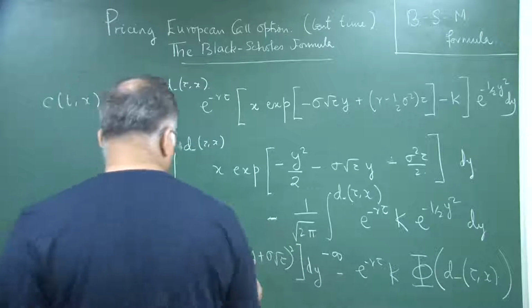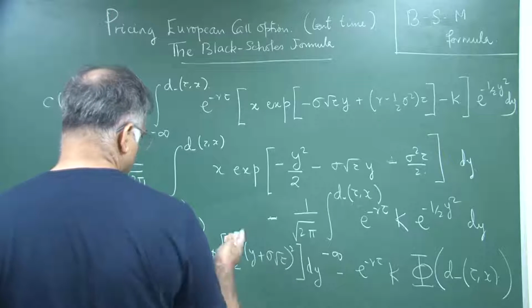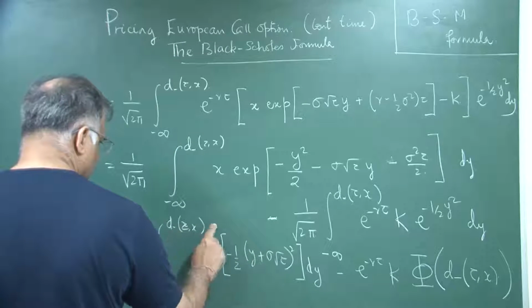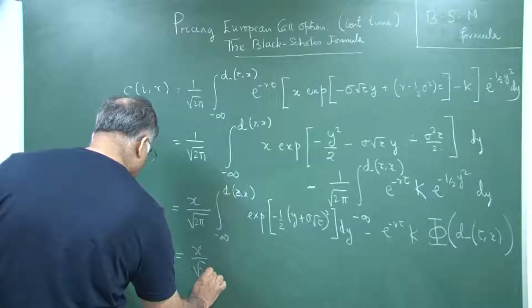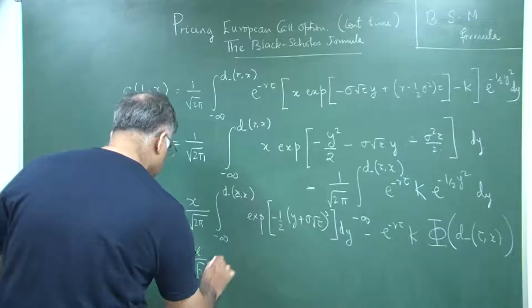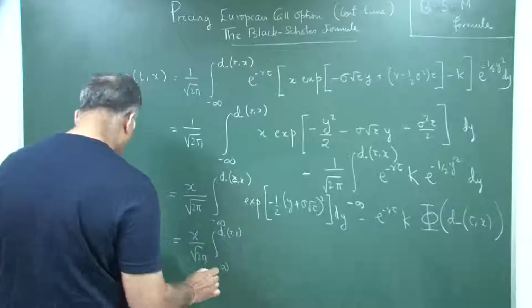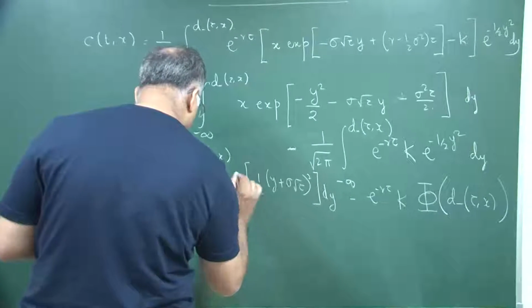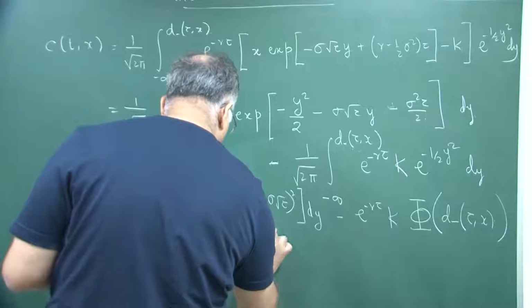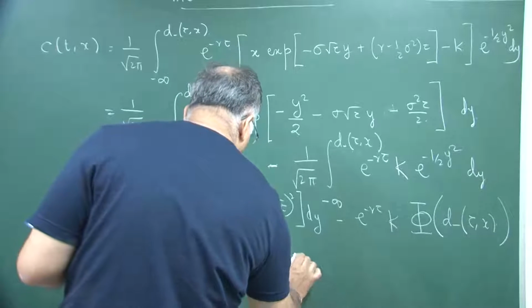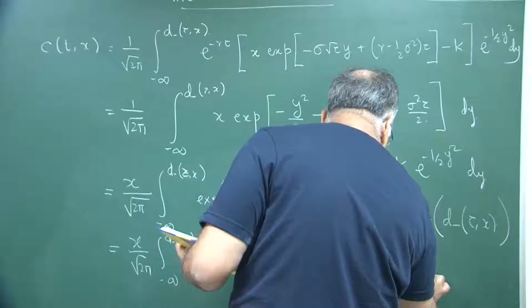Here also you can put z equal to y plus sigma root tau, then dy equals dz, and then you put this plus sigma root tau in the limit, and this equation would become x root tau minus infinity to d minus tau x plus sigma root tau into e to the power minus half z square dz, minus e to the power minus r tau k phi of d minus tau x.